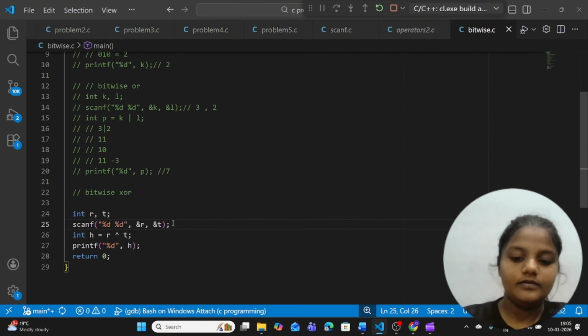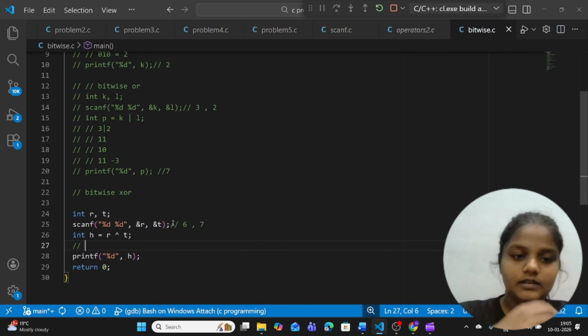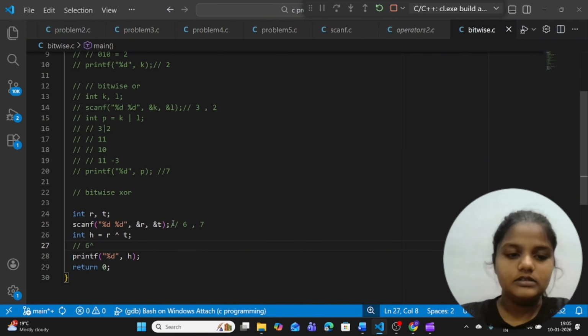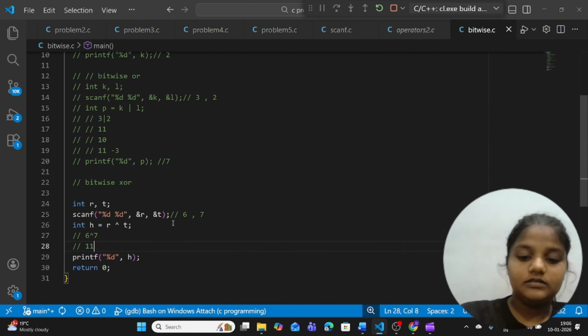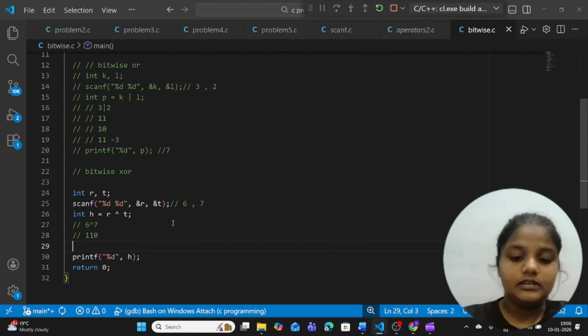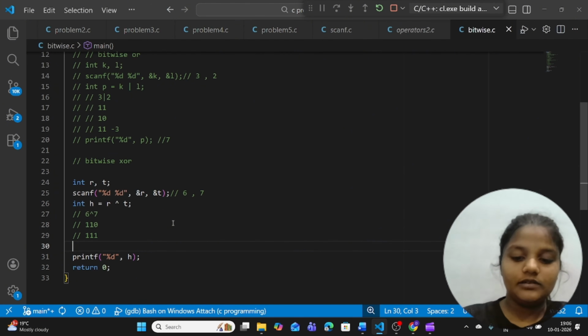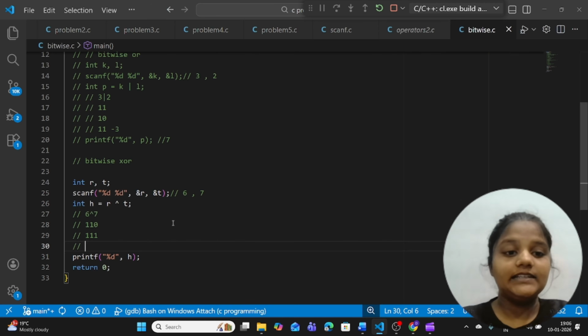So if I give here 6 and 7, in this line it will just do 6 XOR 7, right? So what is the binary value of 6? 110, right? Then for 7, it is 111. Then if we do XOR, what is the XOR condition?